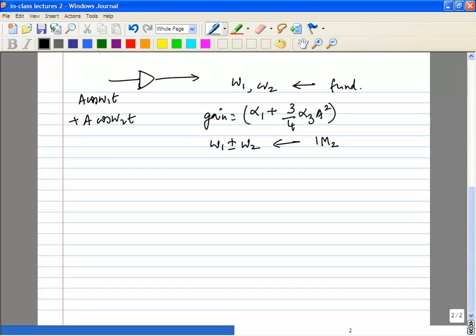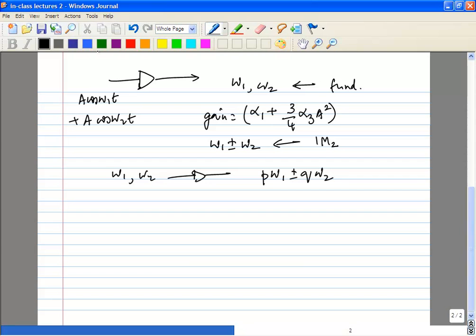So whenever you give a sum of sinusoids to any nonlinear system, you get p omega 1 plus or minus q omega 2, where p and q are integers. Depending on the level of nonlinearity you have, your p and q could be arbitrarily large.